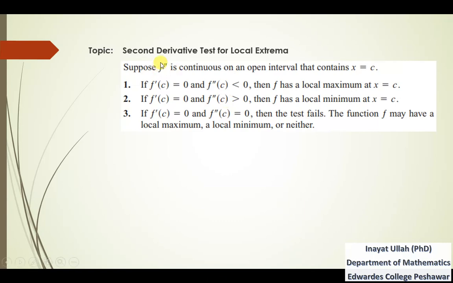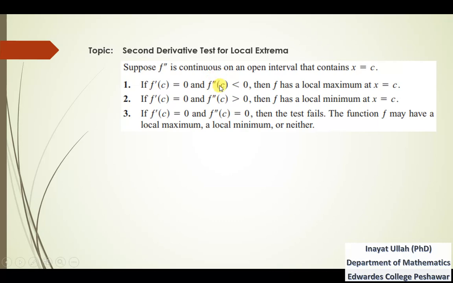Suppose the second derivative of a function is continuous on any open interval containing x equal to c. We put f prime of c equal to 0 to find the critical values of the function, and then we put that critical value in the second derivative.